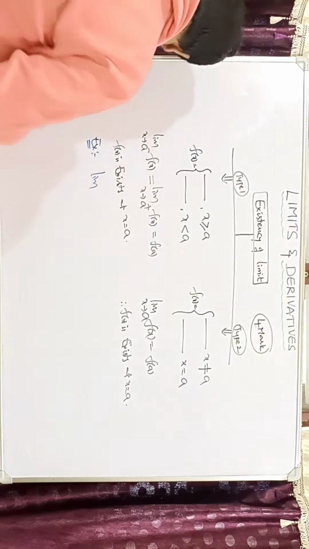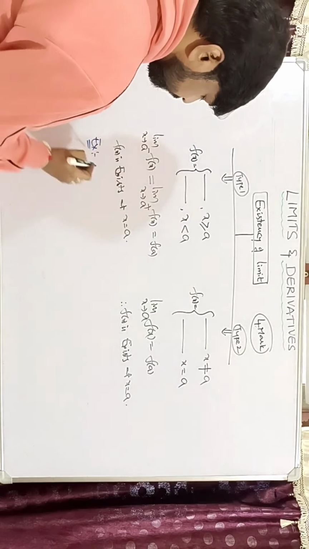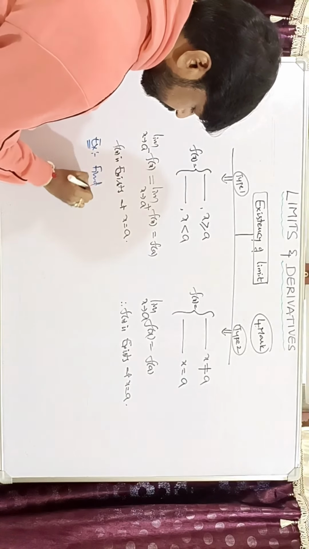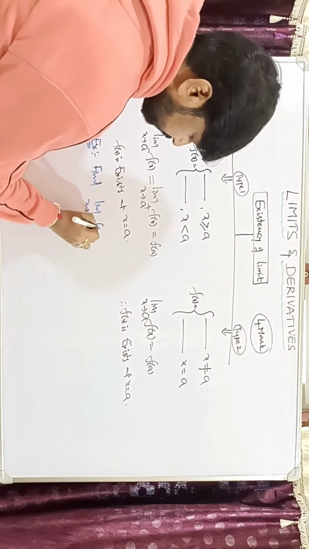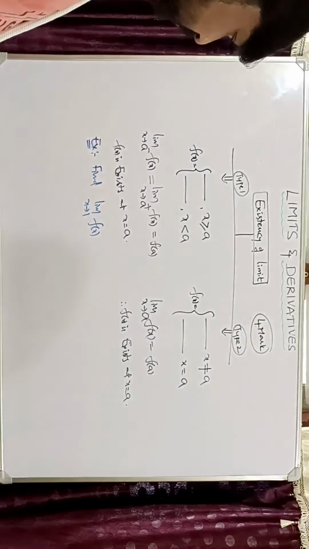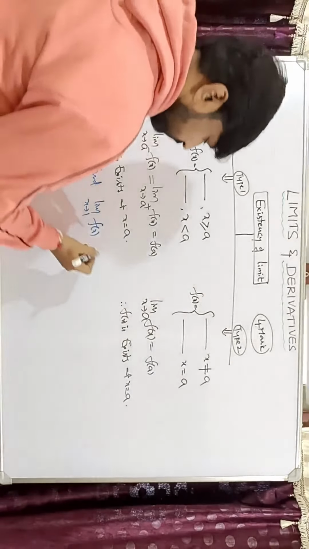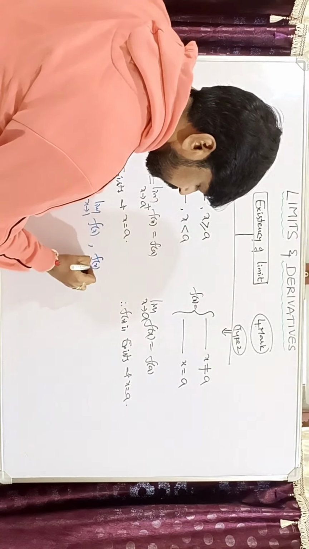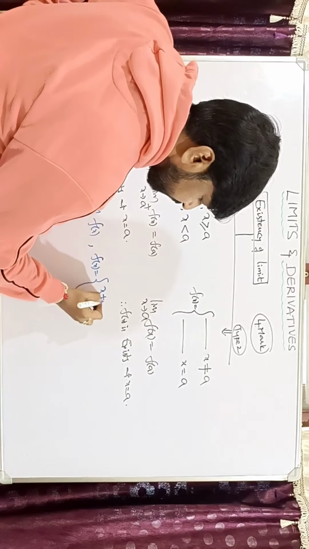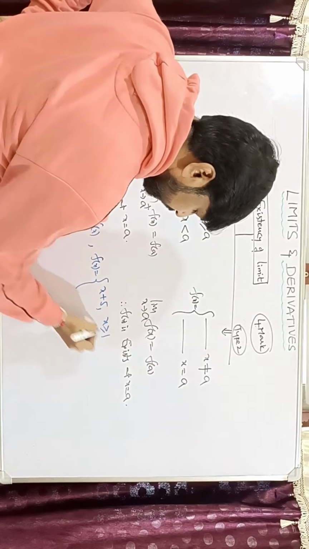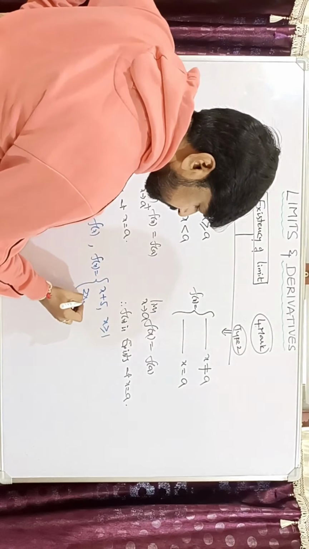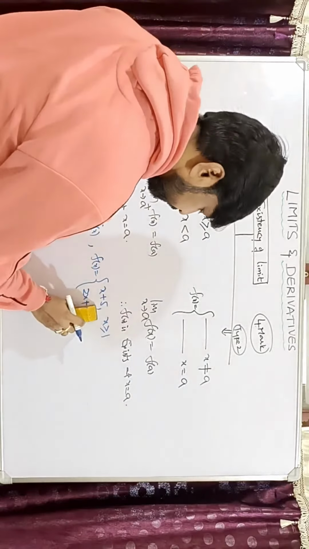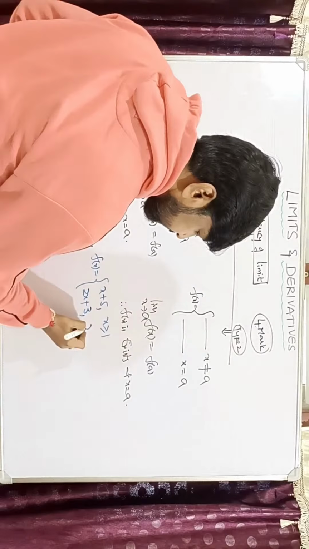For example, the question is: find limit x tends to 1 f of x, where f of x is equal to x plus 5 for x greater than or equal to 1, and 2x plus 3 for x less than 1, like this is given.